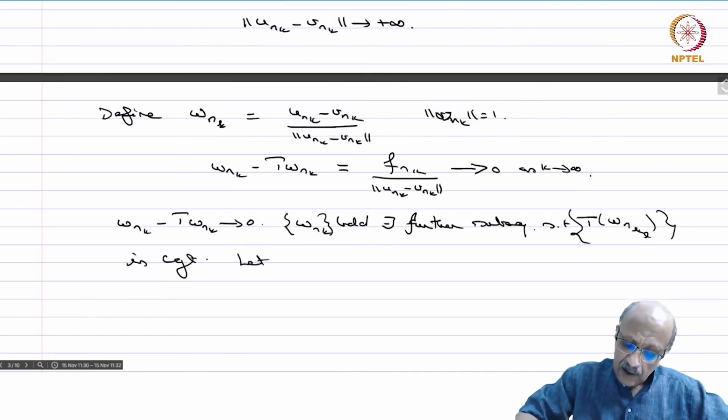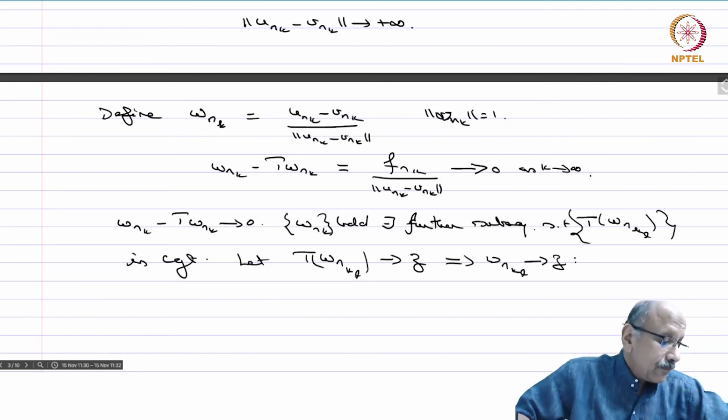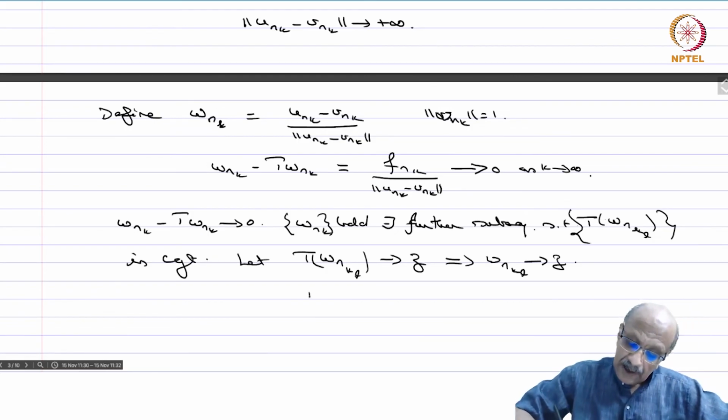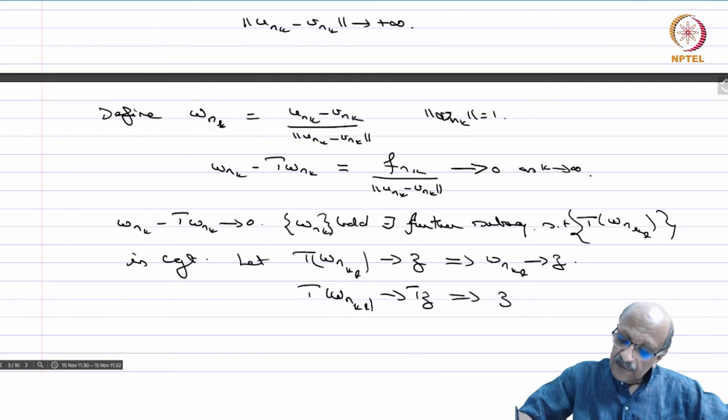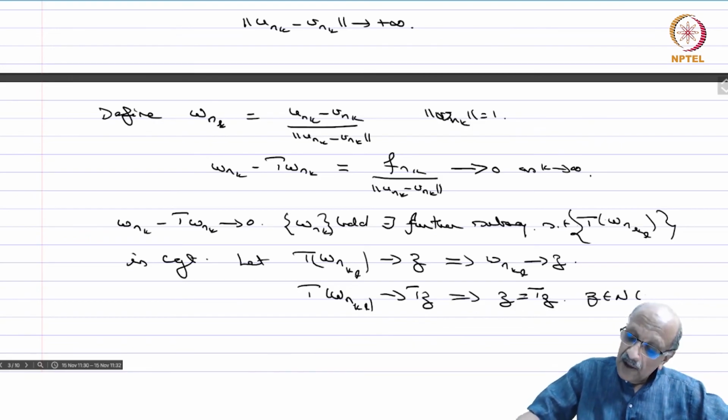So let T of Wnkl go to Z, but then Wnk and T Wnk have the same limit, so this implies that Wnkl also goes to Z. Then T of Wnkl should go to TZ, and therefore this implies that Z equals TZ, or Z belongs to N of I minus T.